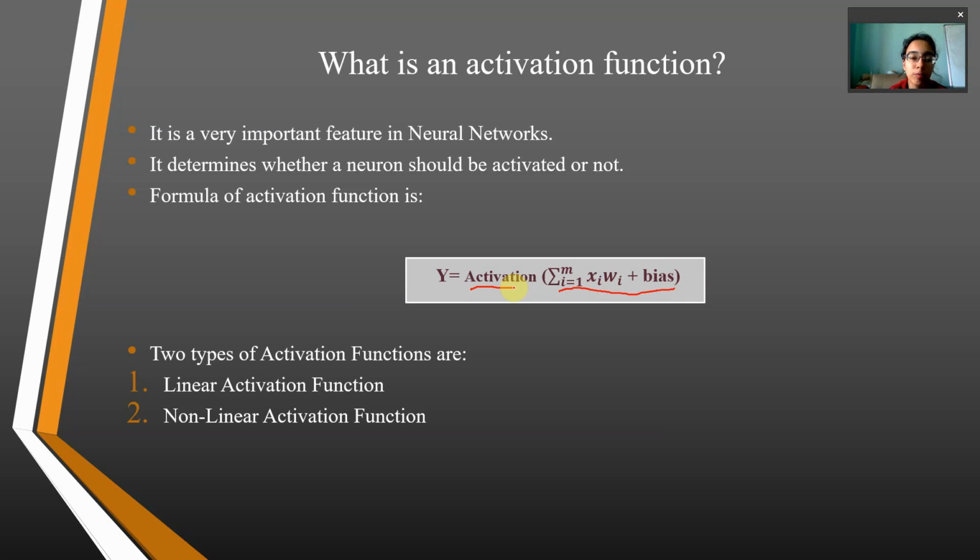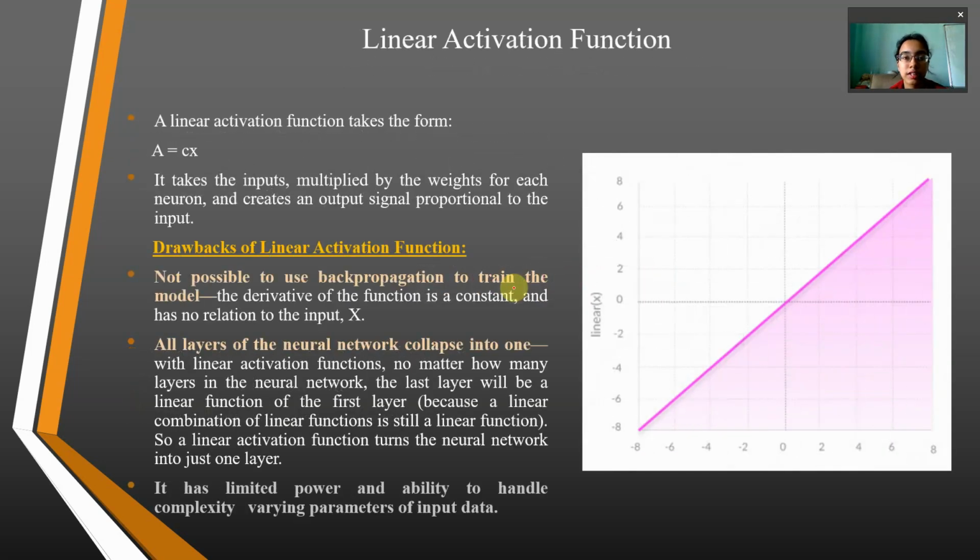Now there are two types of activation function, that is, the first one is the linear activation function and the second one is the non-linear activation function. In deep learning we use non-linear activation function because linear activation function has some drawbacks for which we cannot use it in our complex input data. So first let us start with the linear activation function.